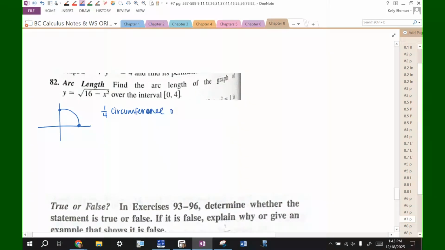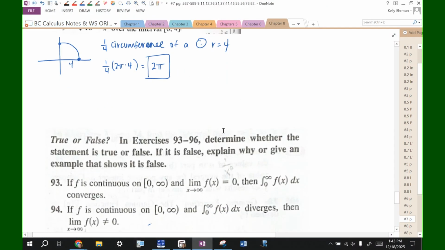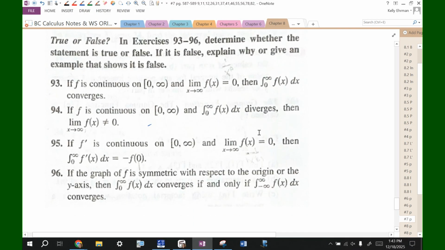Circumference of a circle with radius equal to 4. Circumference is 2 pi r. 1/4 of 2 pi r equals 2 pi. I'm not doing calculus. We could do the arc length formula, but that would be ridiculous of us. So that's it. Okay, and then true or false?